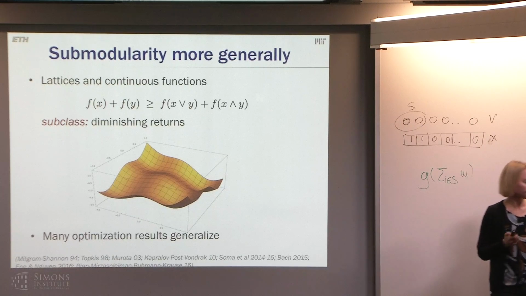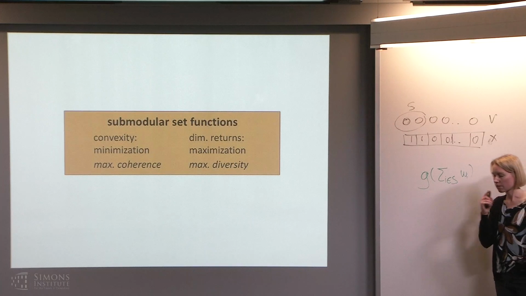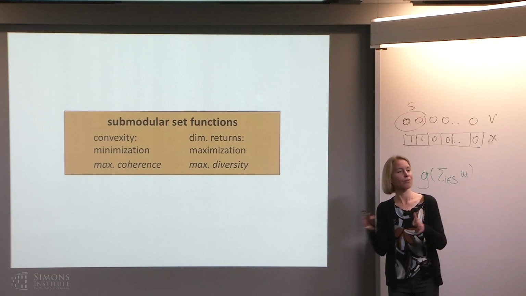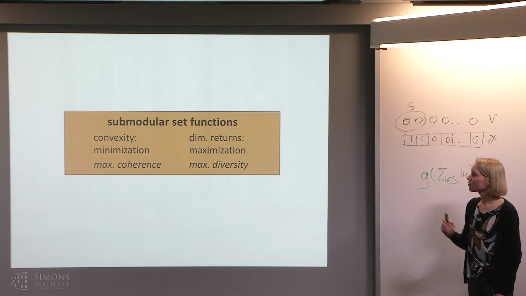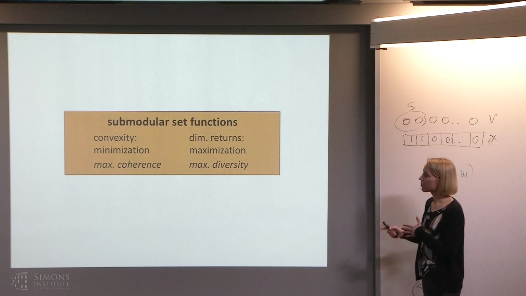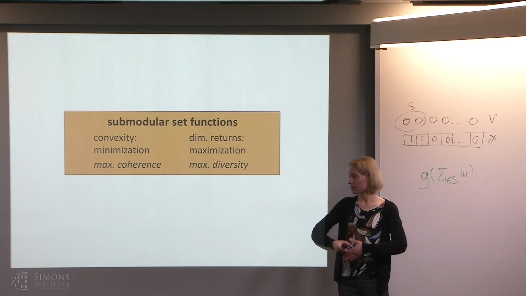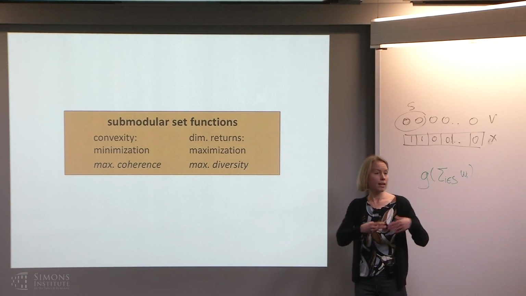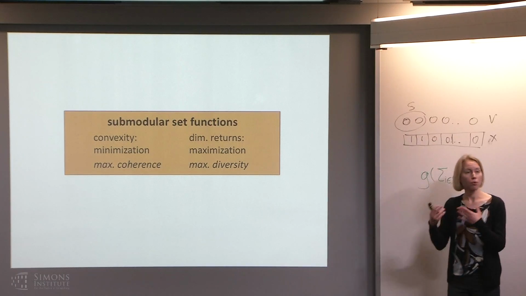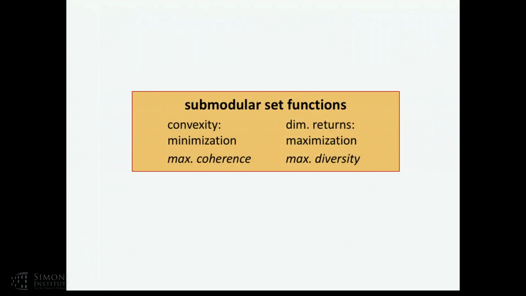Okay, so with that, let me wrap up the first half of this part. We saw submodular set functions, which have two different properties. Essentially, relations to convexity will be used for minimization and for maximizing coherence in modeling. Diminishing returns will be used for maximization. They're sort of like concavity, and for maximizing diversity.